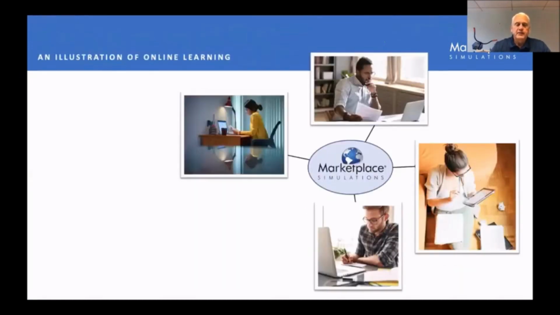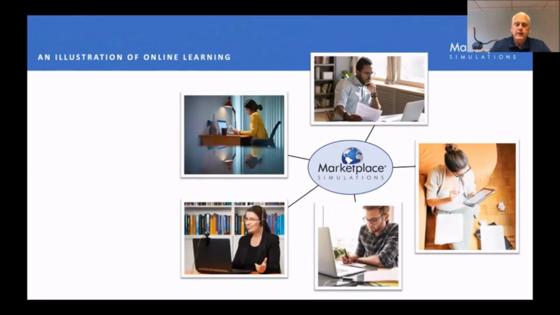So the idea is that all of us are now working remotely. And as I said, at the hub of all this is Marketplace Simulations, which allows all the participants on a team and in a class to be connected, including yourself as the instructor or coach.